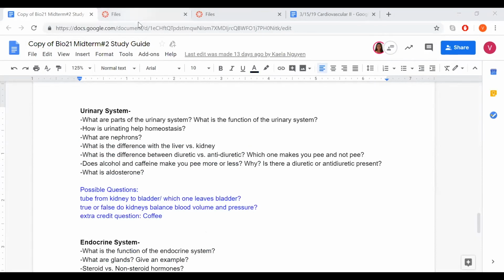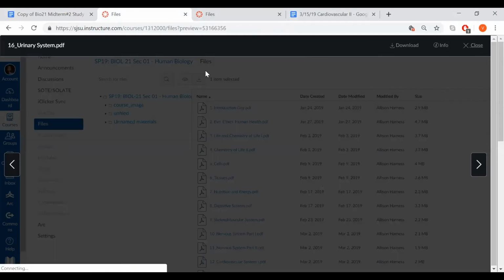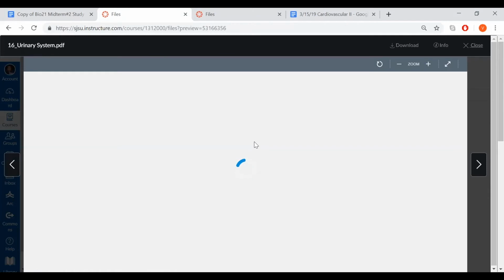There is the renal artery, renal vein, aorta. Oh, no, not that one. The bladder, the ureters, the kidney, and urethra. So the 4. And while this loads, it's towards the end.